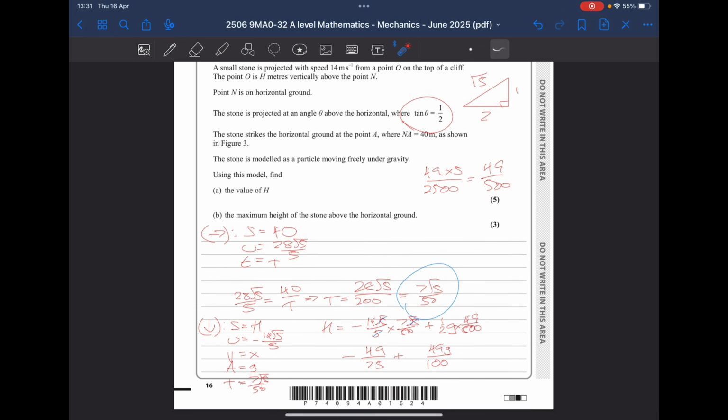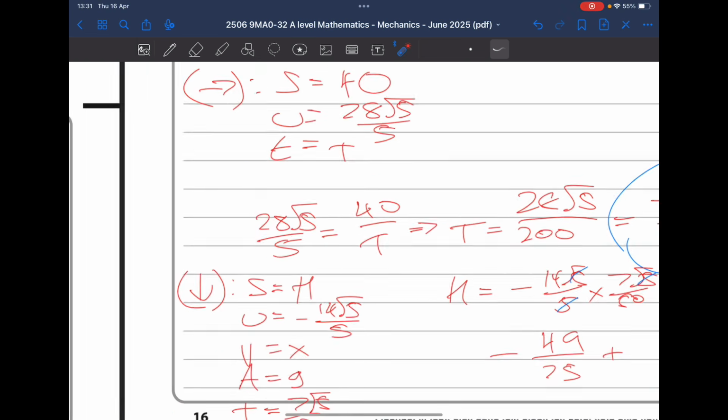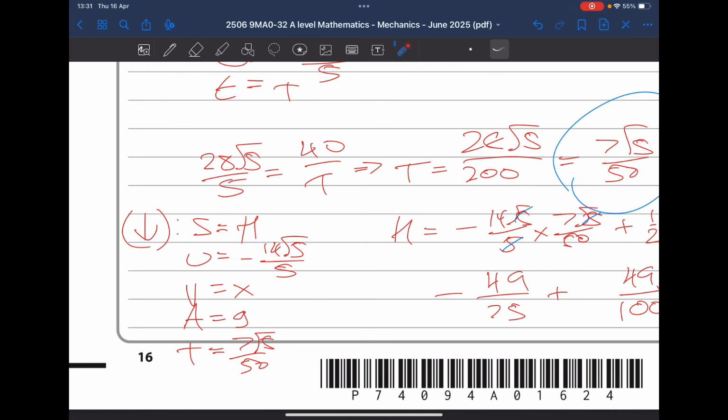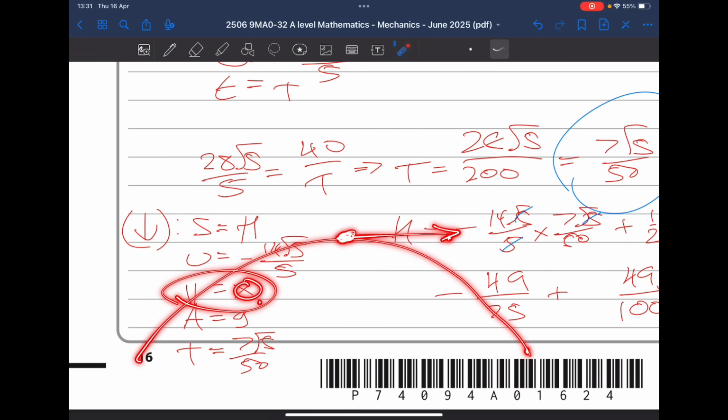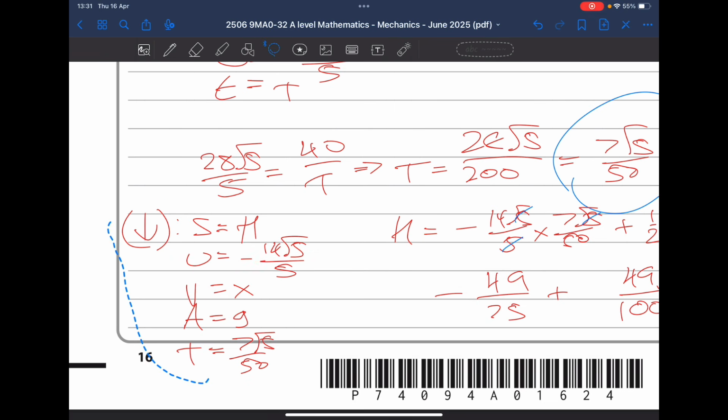Similar sort of idea as what we've done on this downwards one, but we want to have the velocity be 0 at the end, because we can think about it like, as you do this journey, at the maximum height you're moving completely horizontal, so the vertical component of your velocity must equal 0. So we can take this across. Let's make sure I don't take that 5 at the top.